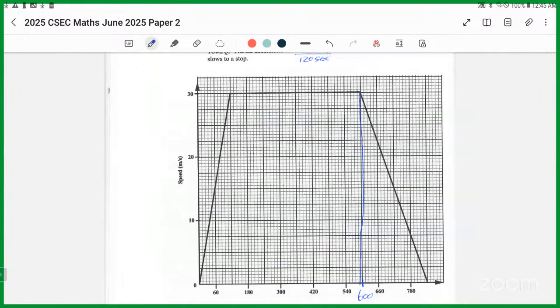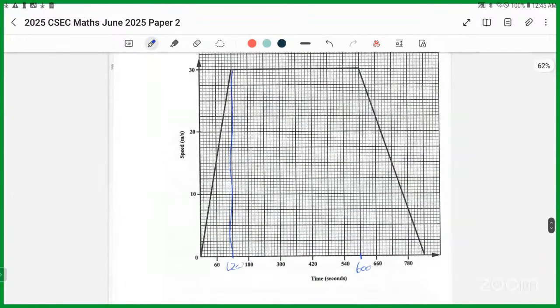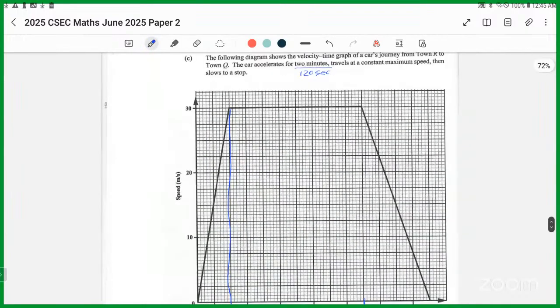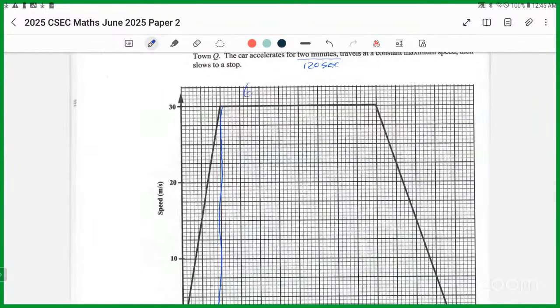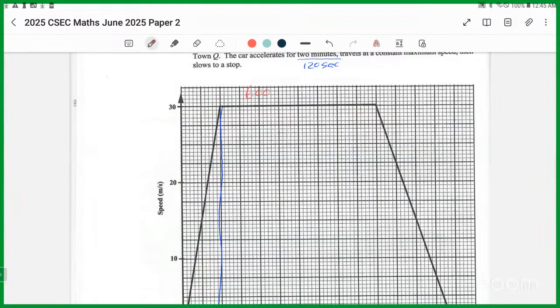Here is 120. This side is 600, and this side is 600 minus 120. You find the length of the parallel side: 600 minus 120. Minus 100 first you get 500, so that's 480.